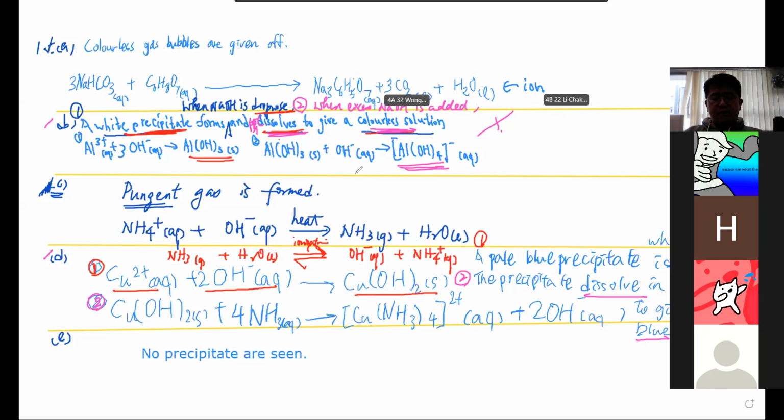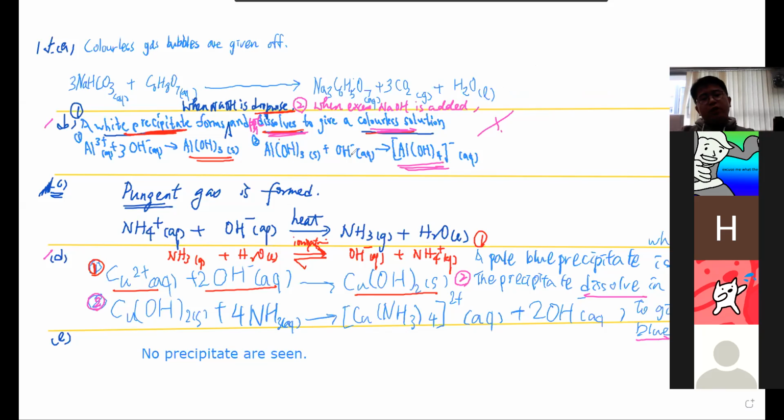Why do you say that no PPT? That is the final answer, right? Because actually the white precipitates are formed, but they dissolve in the solution. When would they dissolve? When aqueous ammonia is added in excess, the precipitate dissolves.